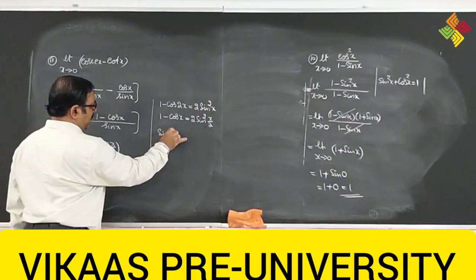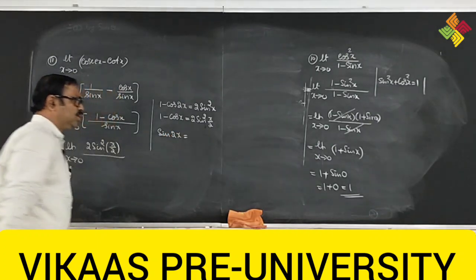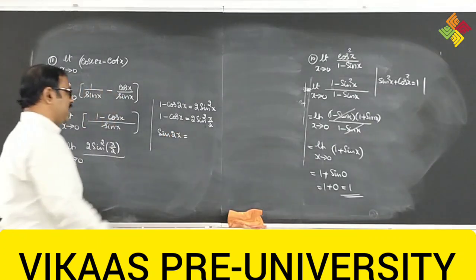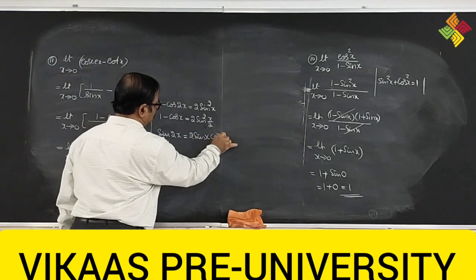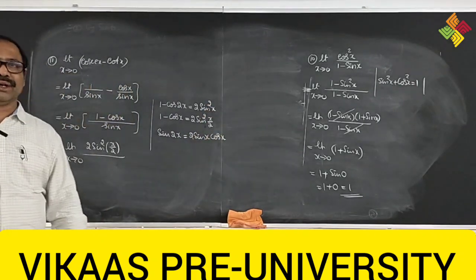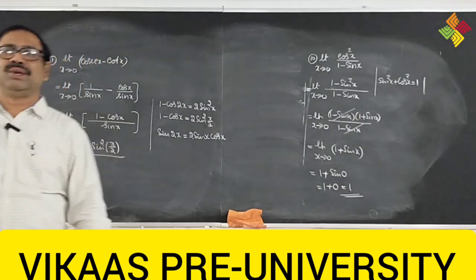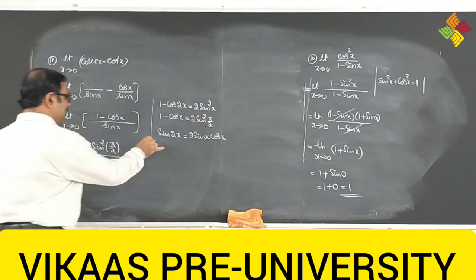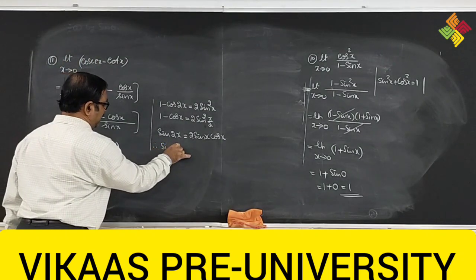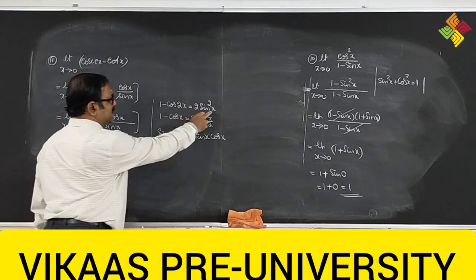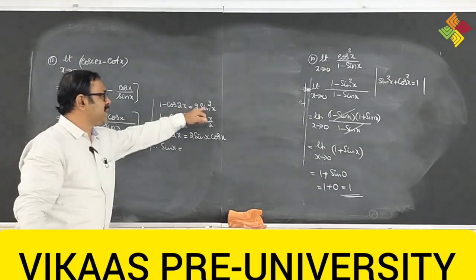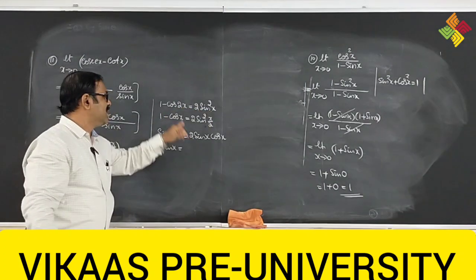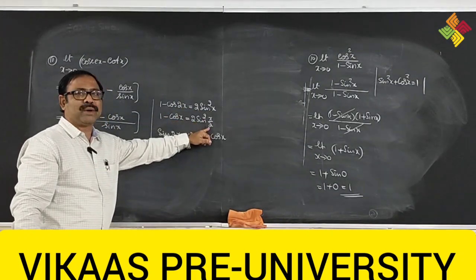See, we have the formula. What is sin of 2x? Sin 2x is equal to 2 sin x into cos x. Here 2x becomes x, so the left hand side angle is becoming half in the right hand side.